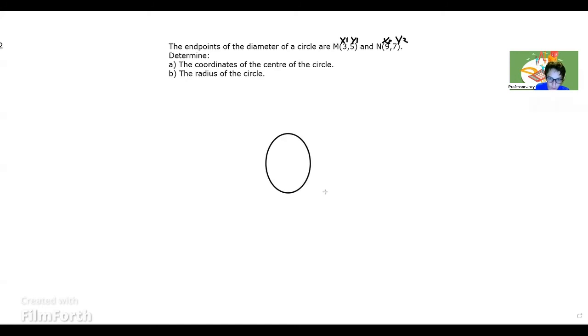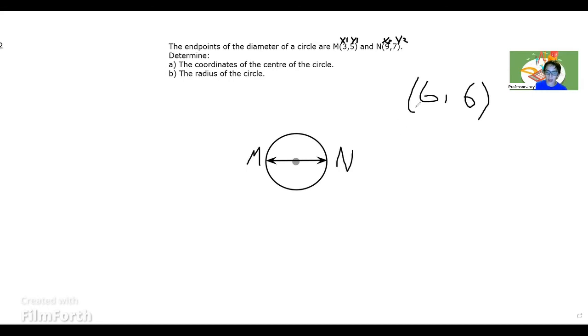So we got a circle here, and let's get our diameter, with our 2 points, which are M and N. This is what we had before we did A. And then we did A, and then we found the center point of the circle, which was 6 and 6. That is the center point of the circle. So this would be C for center point of the circle.